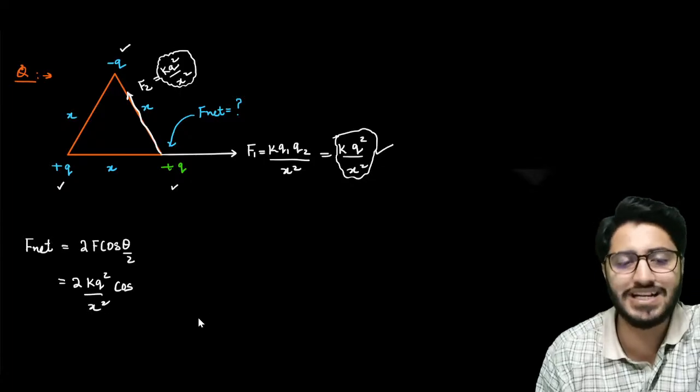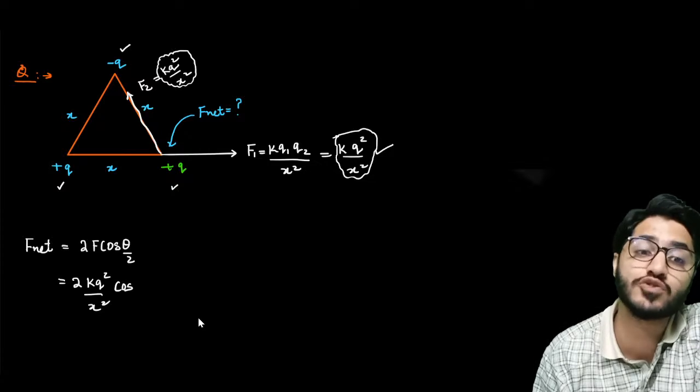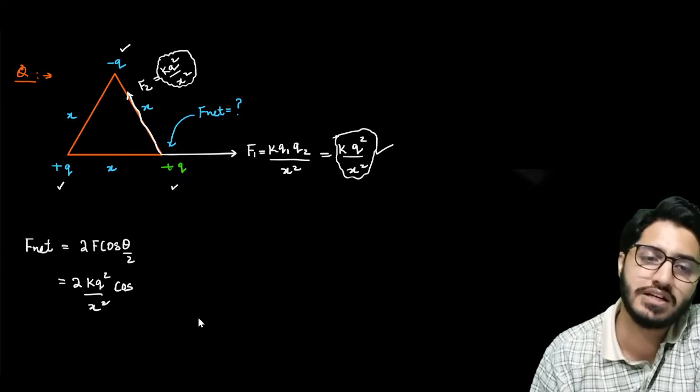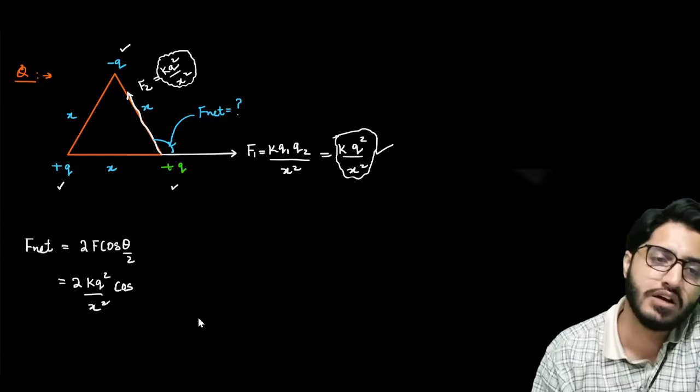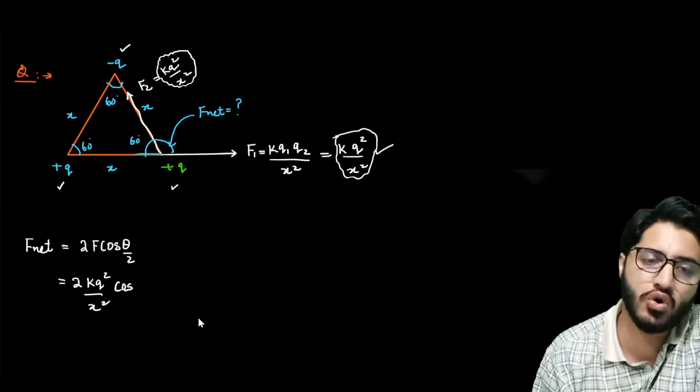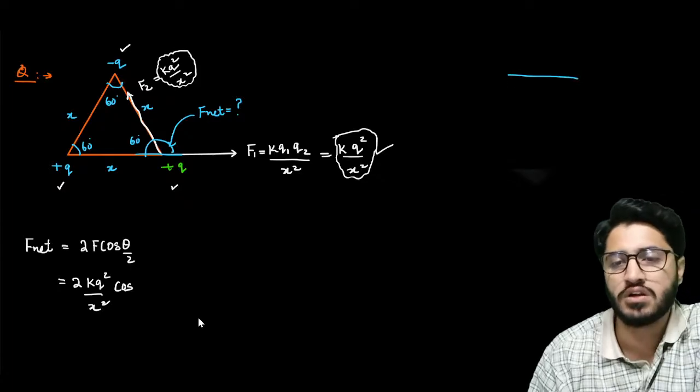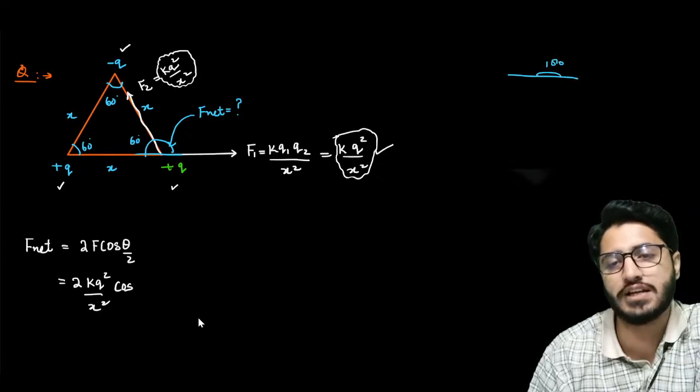Cos, but what is theta? Theta is the angle between these two forces, that means this particular angle. Look, this one is 60 degrees, this one is 60, this one is 60, but the whole angle is 180 degrees.